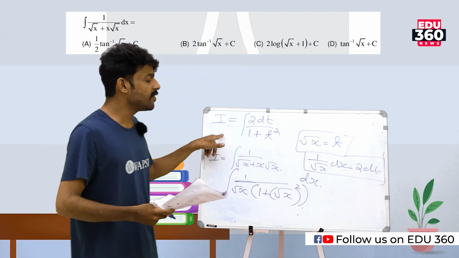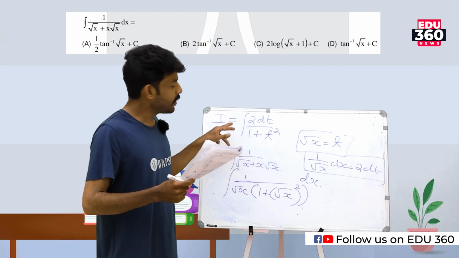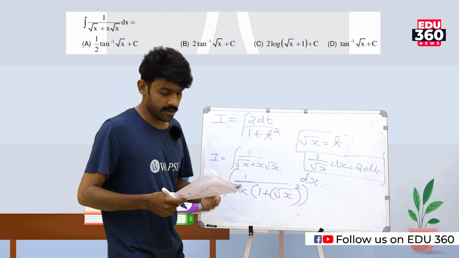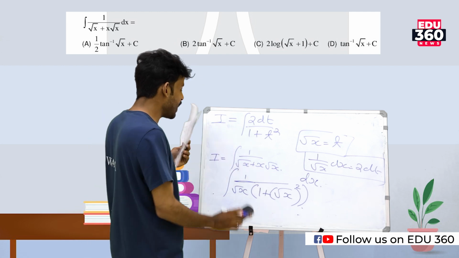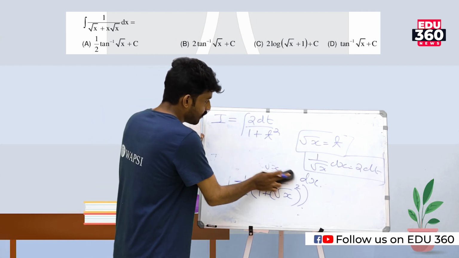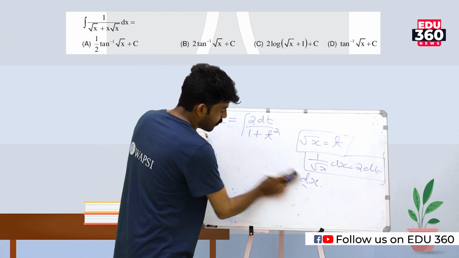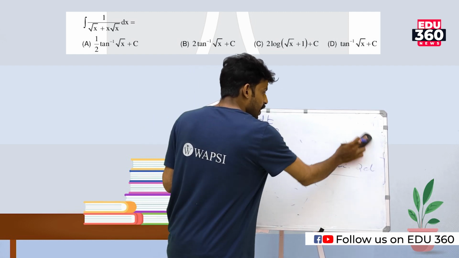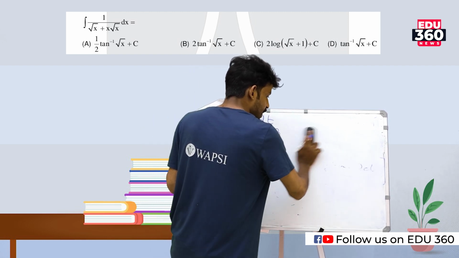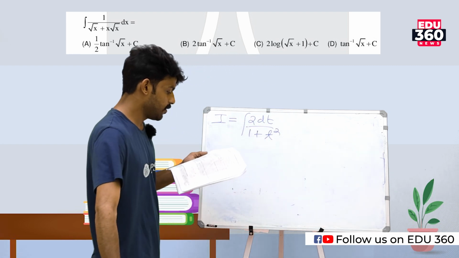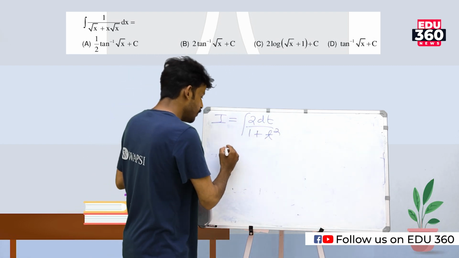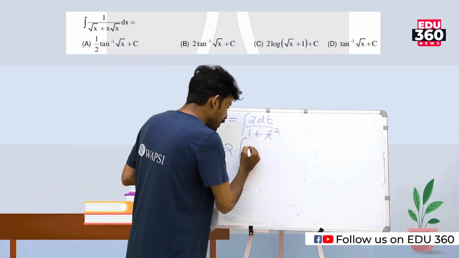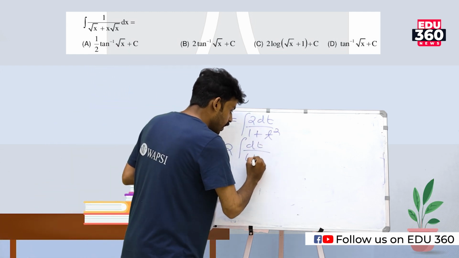So I is equal to the integral of 2 dt divided by 1 plus t square. Here we can take 2 outside because it's a constant, and the next is the integral of dt divided by 1 plus t square.